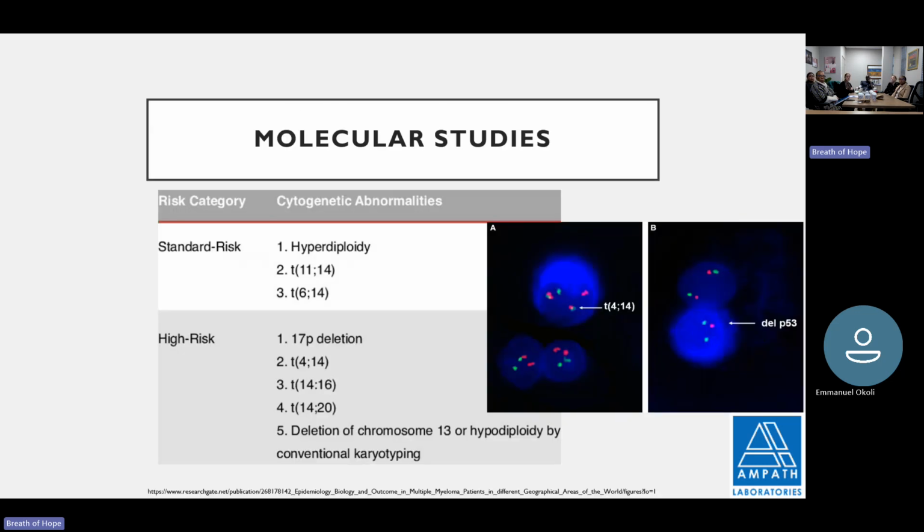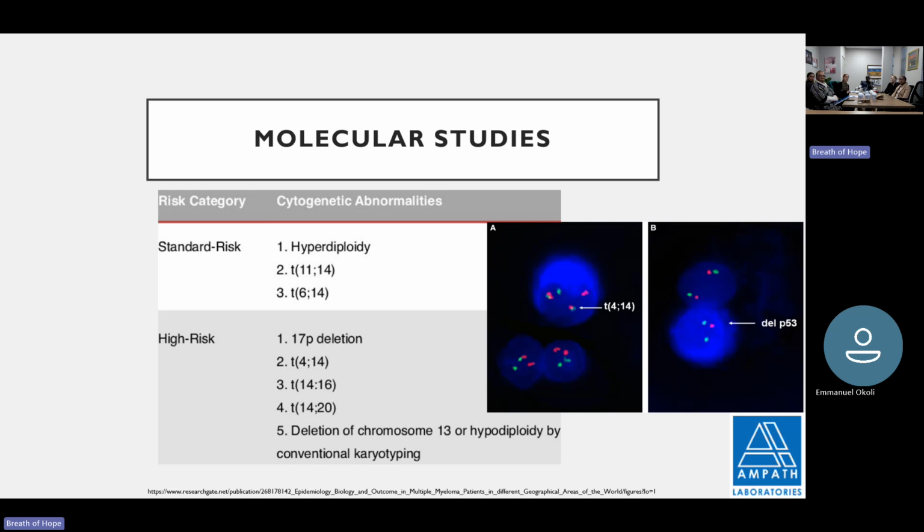And this is just the standard risk factors that we look at. Some of these patients can present with a trisomy 12, extra chromosomes. They usually have a standard risk, being hyperdiploidy. If you detect a translocation 11;14 or 6;14, it's standard risk.